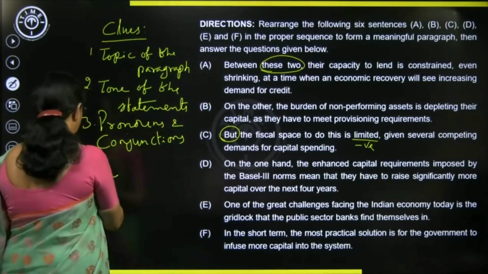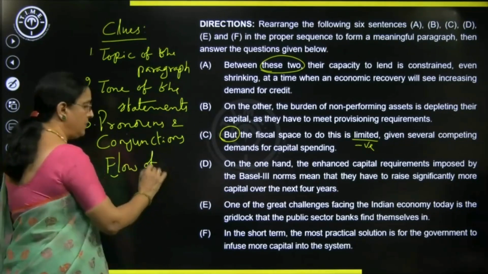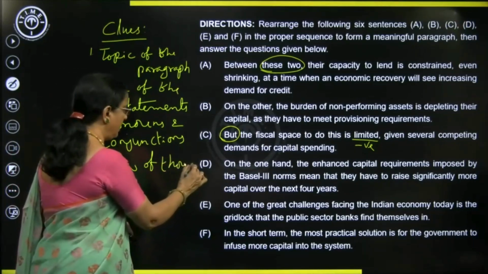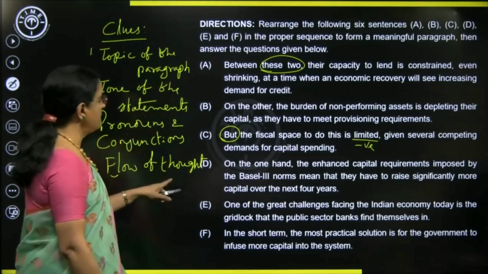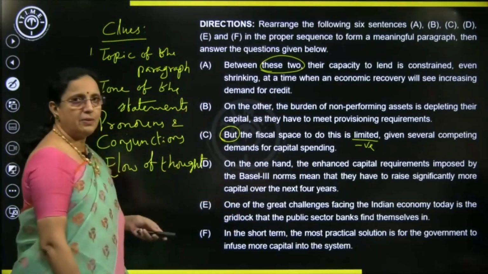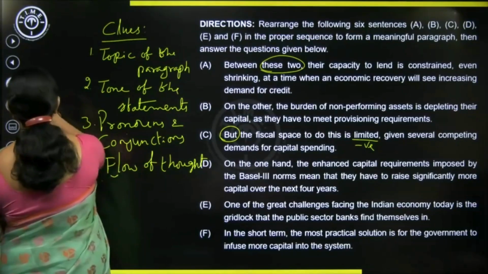And then last but not the least is flow of thought. You should see how the author is developing the idea. Flow of thought or idea flow. So, look at these clues. I have shown you some of the clues. So, this is how you have to start.